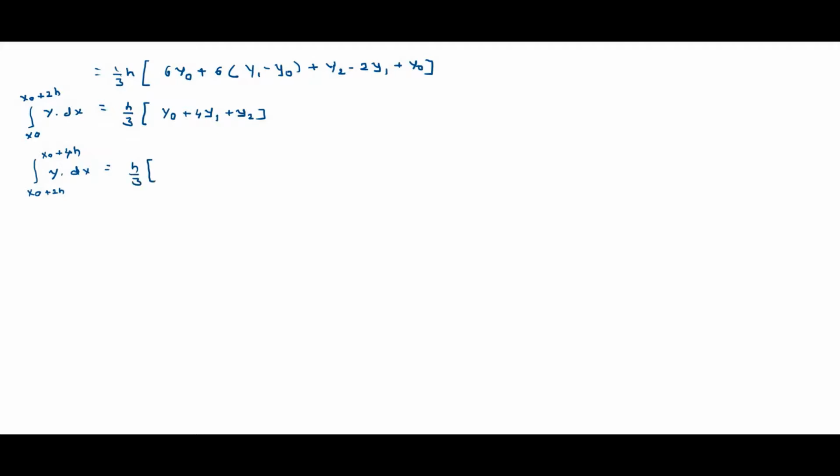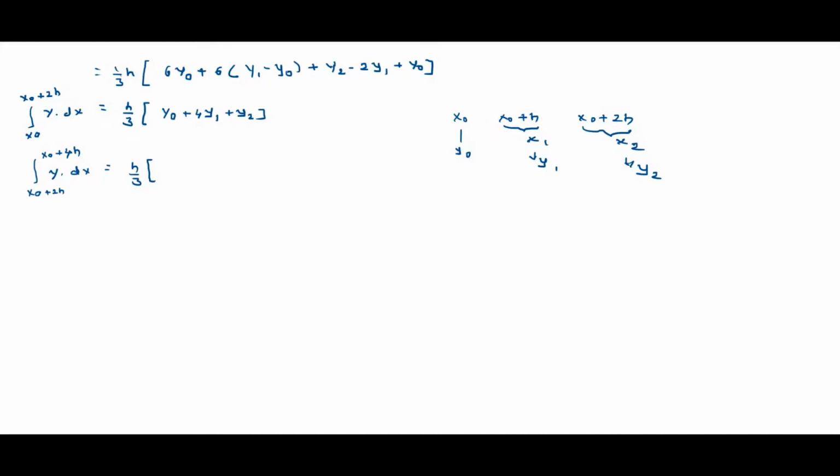In the previous one, the first has three values: x0, the second value x0 plus h, and the third value x0 plus 2h. And x0 plus h is nothing but x1, x0 plus 2h is nothing but x2. Their corresponding values are y0, y1 and y2. Therefore, the first bracket contains y0, y1 and y2.